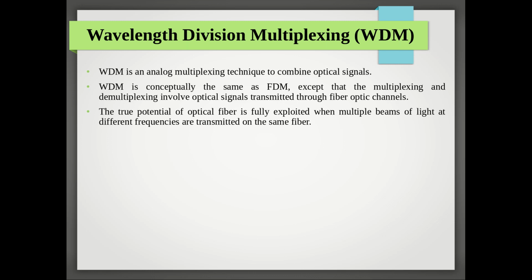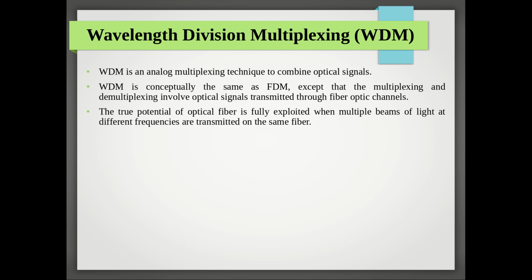We will see that the true potential of optical fiber is fully exploited when multiple beams of light at different frequencies are transmitted on the same fiber. You know the capacity of a typical optical fiber. It provides very high capacity, especially in the backbone fiber optic cable, and to exploit the full capacity provided to the user, there should be an efficient mechanism for sharing the total capacity available in the fiber optic cable.